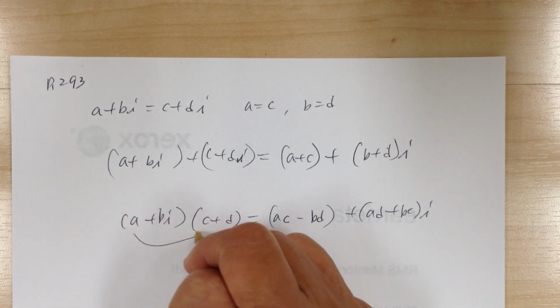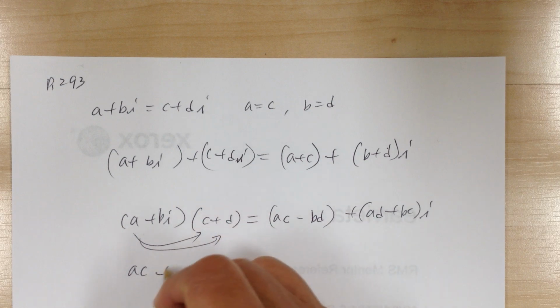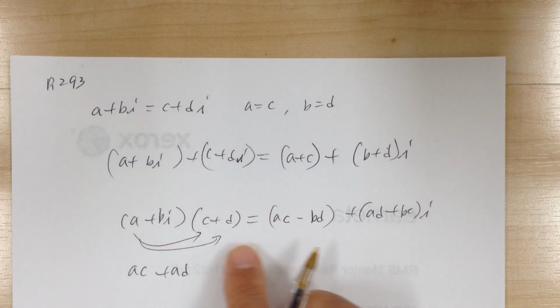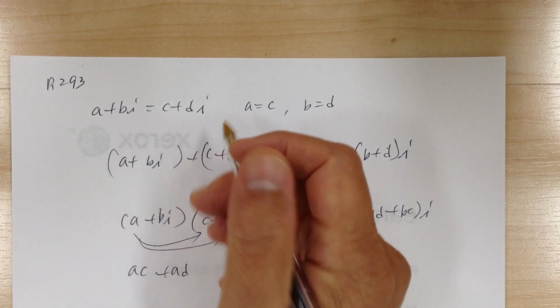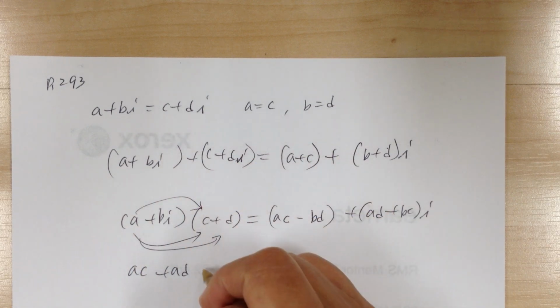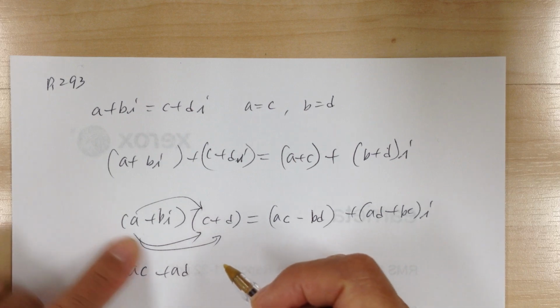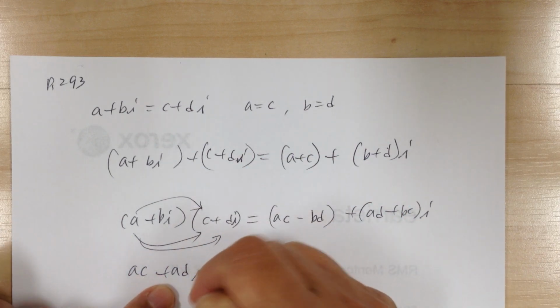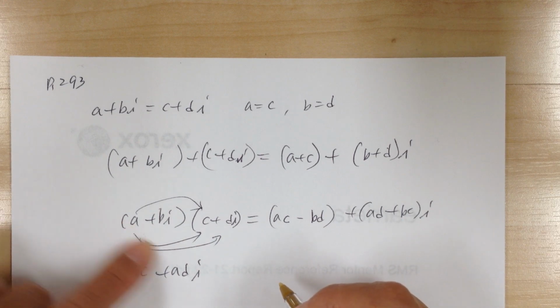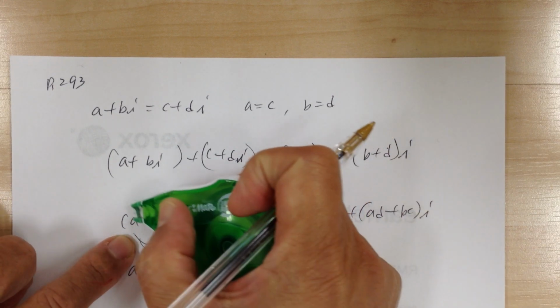So you get ac, plus ad i, and then you go ahead and multiply the next part.